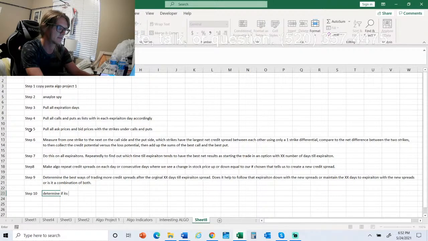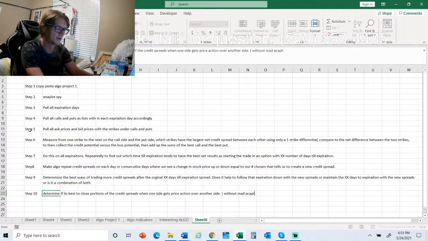Determine if it's best to close portions of the credit spread when one side gets price action over another side.